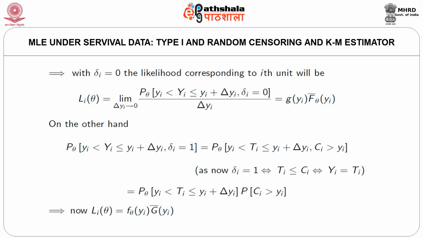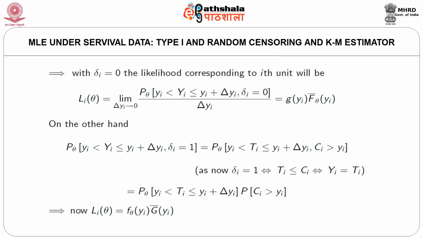This implies with delta i equal to 0, the likelihood corresponding to the ith unit will be capital Li theta equal to the limit as delta tends to 0 of the probability that yi less than capital Yi less than or equal to small yi plus delta small yi, comma delta i equal to 0, divided by delta yi, and this is nothing but the PDF of the censoring variable small g at yi times capital F bar theta at yi.